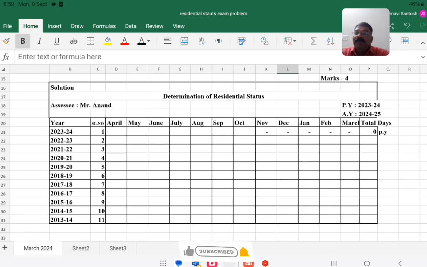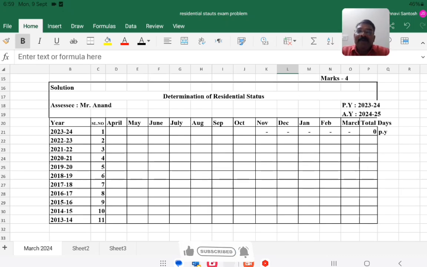Apart from the previous year, I have written 10 more years: 22-23, 21-22, 20-21, 19-20, 18-19, 17-18, 16-17, 15-16, 14-15, 13-14. Here the serial numbers are also given. The total should be 11 years; if we leave out the previous year, 10 years should be there. That is one of the conditions.